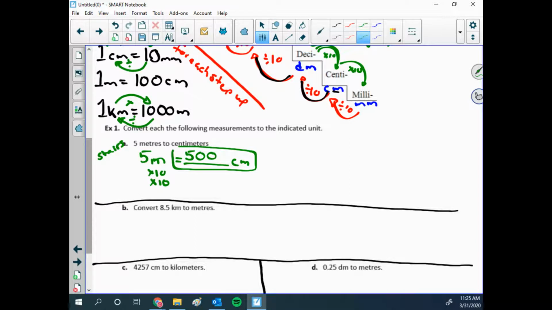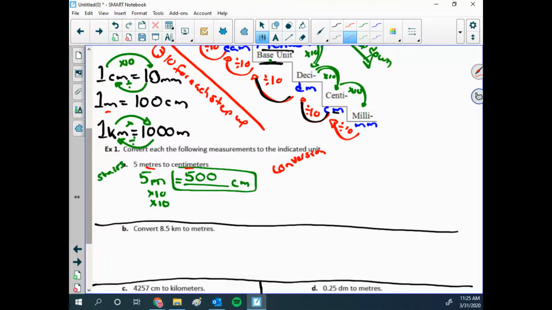All right. The other way that I could solve this is using those conversion factors. So we are looking for something that compares meters to centimeters. Meters to centimeters, that would be this right here. So I can write that conversion factor down. 1 meter is equal to 100 centimeters. And I have 5 meters. I want to know how many centimeters that is.